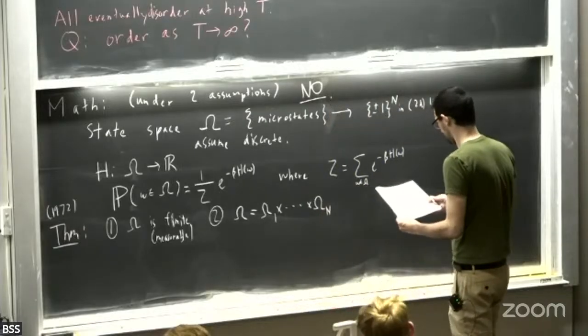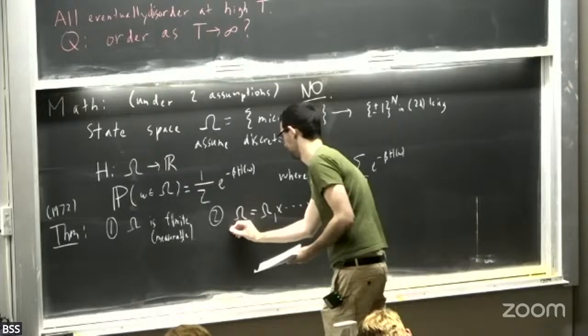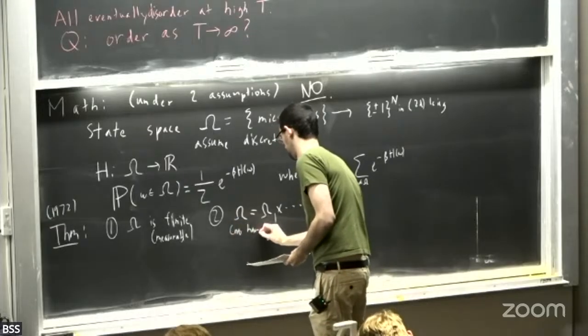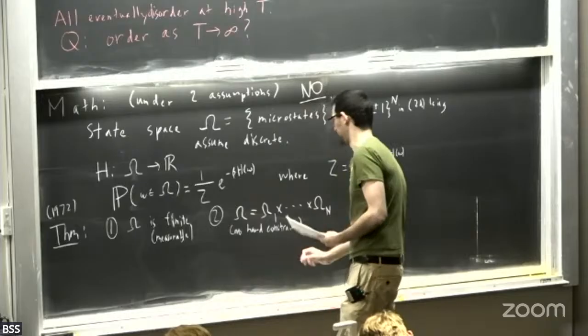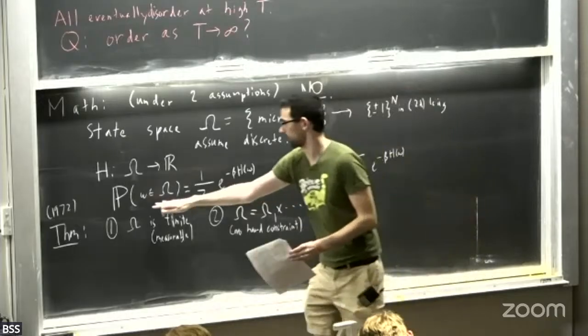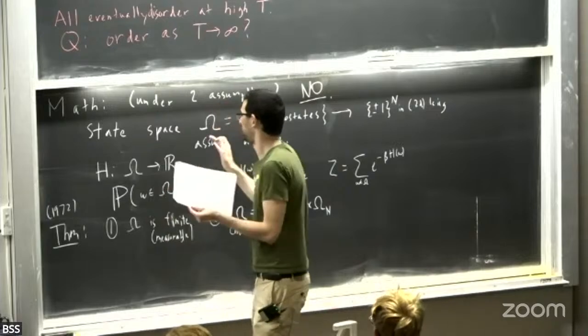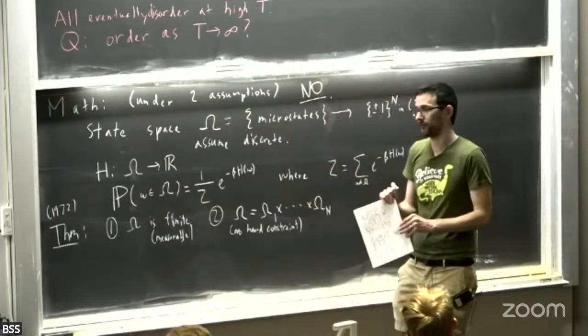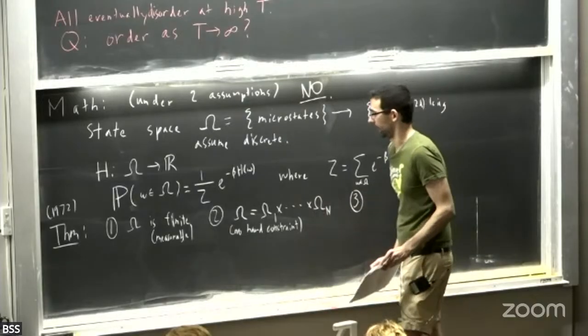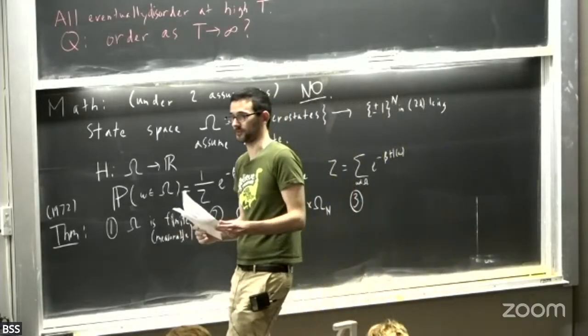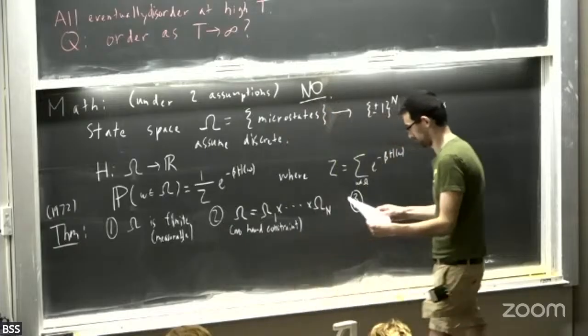Okay. No, it's different because I could have power law interactions, I mean, I could have interactions on a general graph. This is basically saying it's not a hardcore lattice gas, for example.